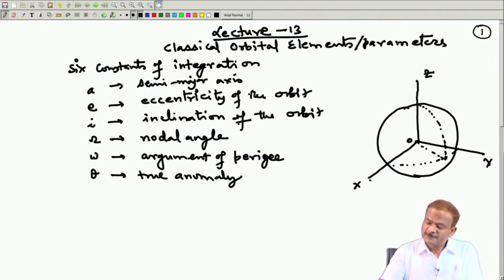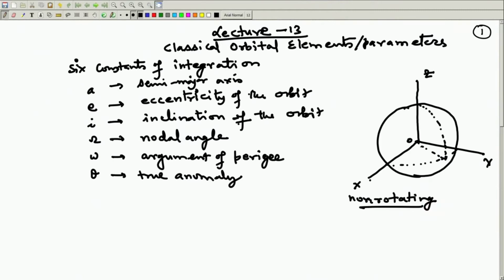This frame is non-rotating, but it is being dragged along with the Earth around the sun, and therefore in reality it is not actually inertial in the true sense.